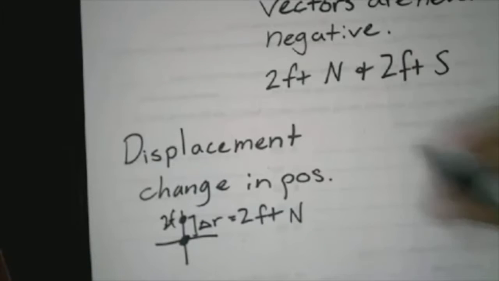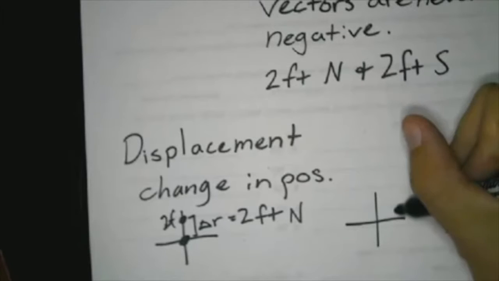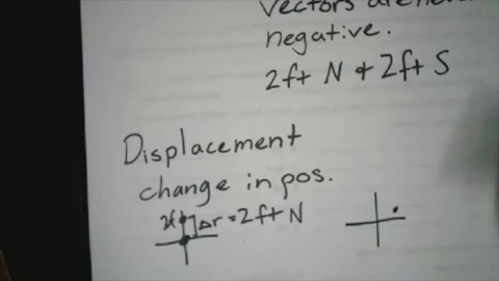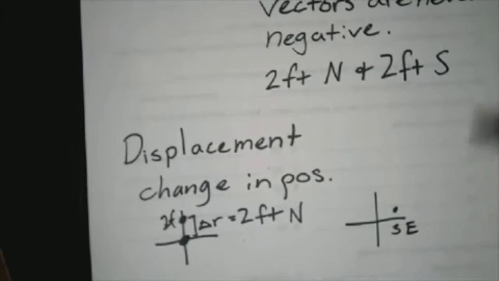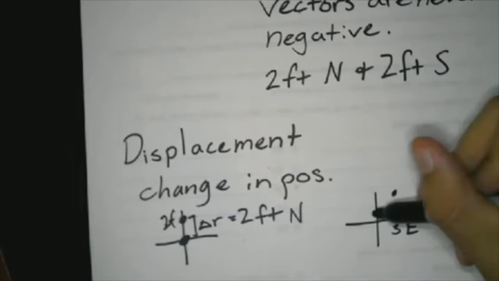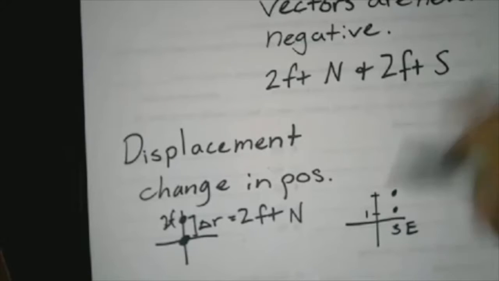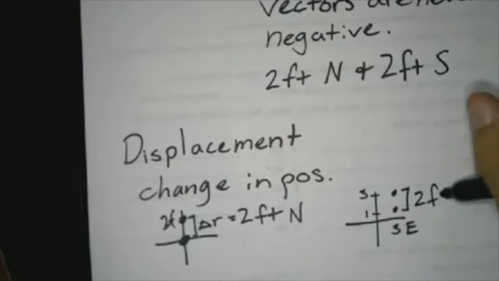However, if I'm at 3 feet west, or this would be east, 3 feet east, and then I move 2 feet north, start from 1, go up to 3, I've still moved 2 feet north, even though my coordinate system has changed.